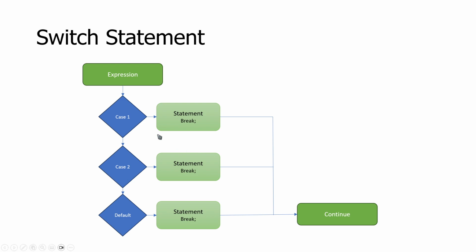If none of these cases are matched with the expression, then we fall into the default scenario, which will run the code in this block here and then break out of the switch statement and continue with the rest of the code that you've written after the switch statement code block. Cool. So hopefully that makes sense about the switch statement.